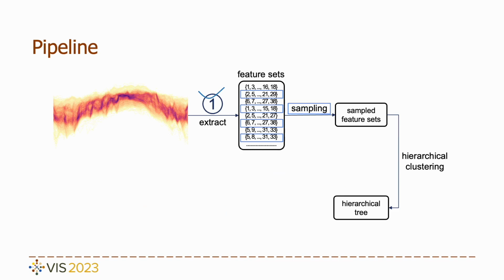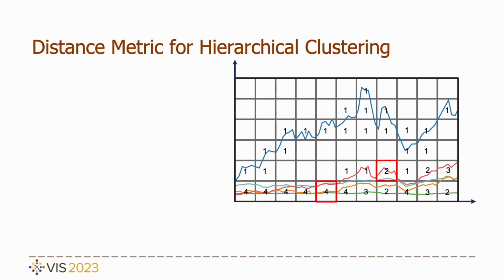We opt for average linkage hierarchical clustering because it's compatible with various distance metrics and doesn't require specifying the number of clusters in advance. Furthermore, the hierarchical tree we construct can be leveraged in subsequent interaction steps. For effective beam clustering in line-based density plots, we need a suitable distance metric for set-type data.